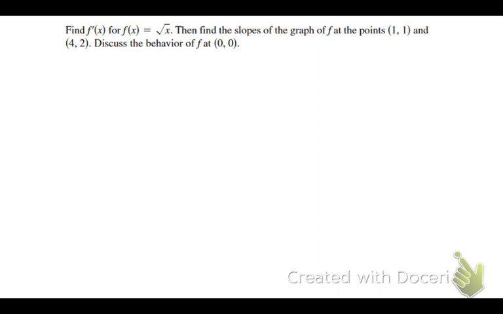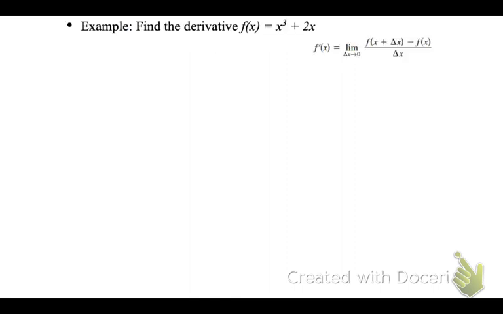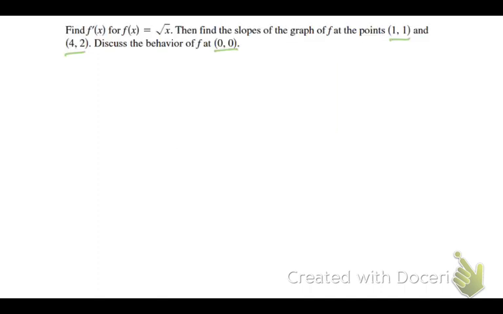Okay, find the derivative of the square root of x. Then find the slope of the graphs at the points 1, 1, 4, 2, and 0, 0. So what that means to do, on the last slide, we had 3x squared plus 2, yes?